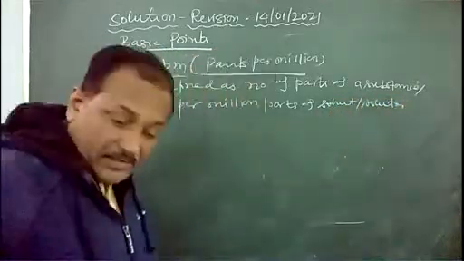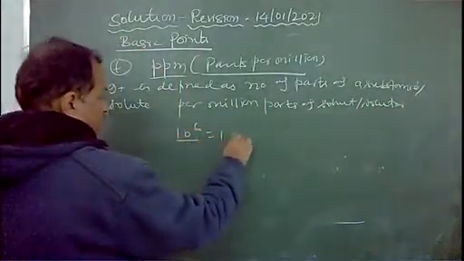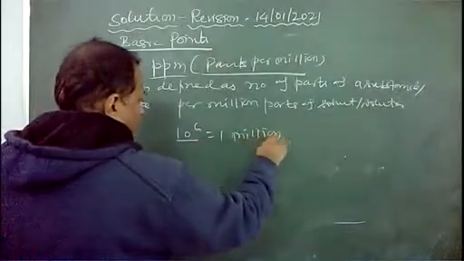So 10 to the power 6 is equal to 1 million.